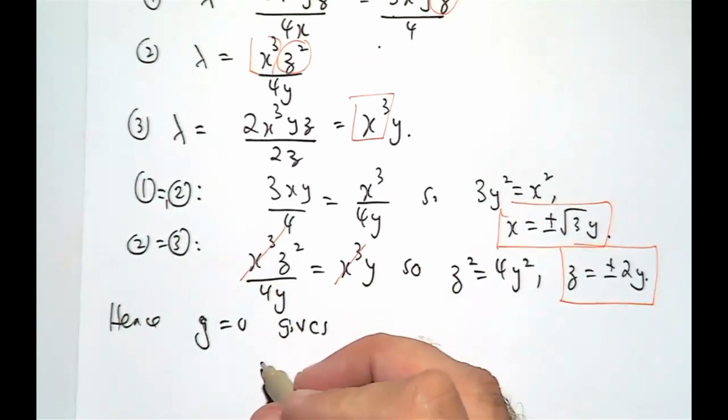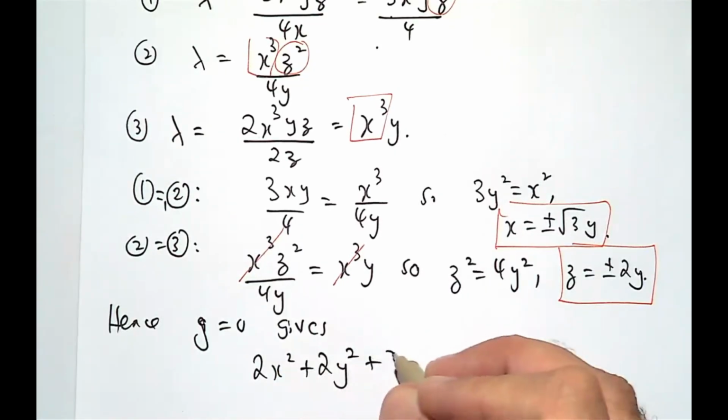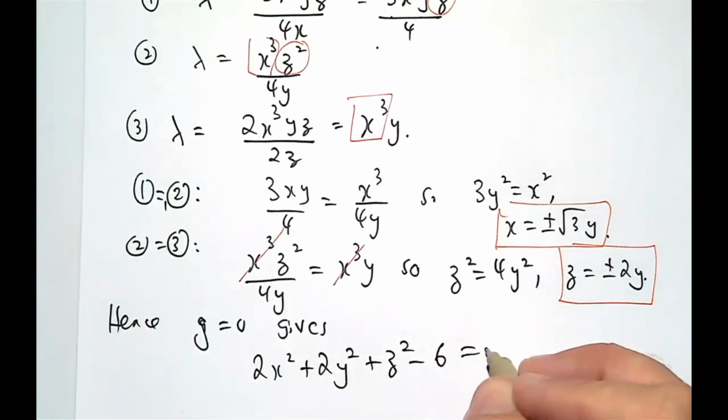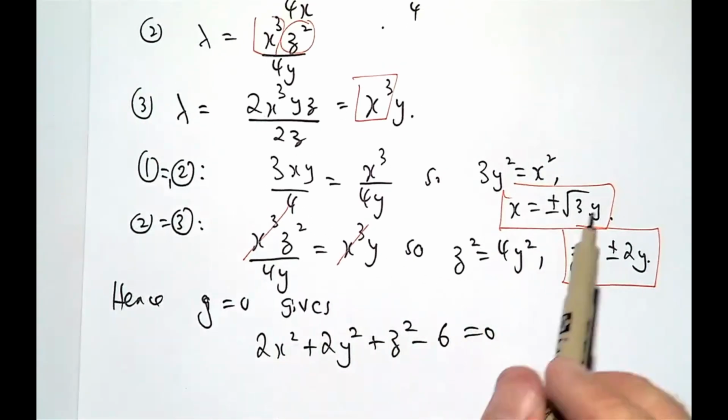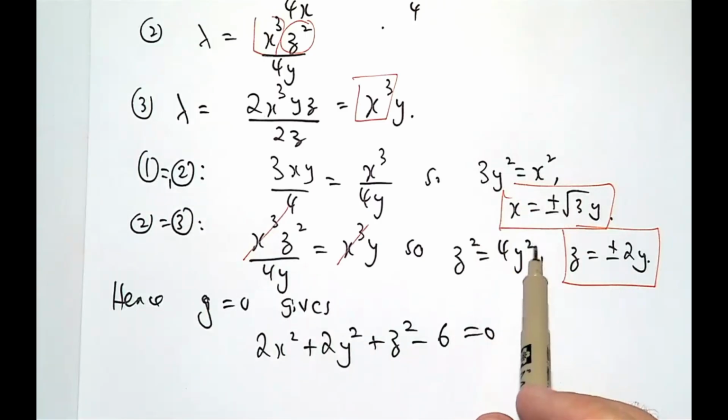So let's replace x squared with that, z squared with that, and I'll get something in terms of y.